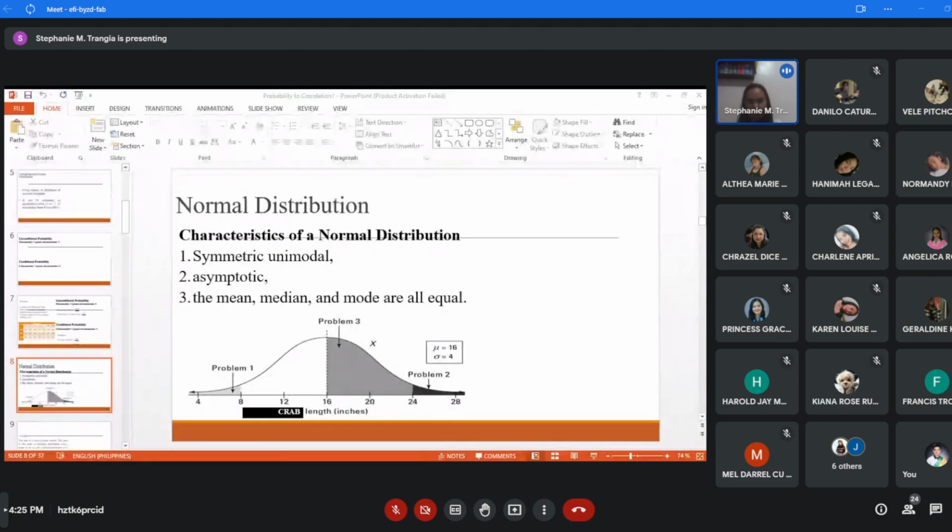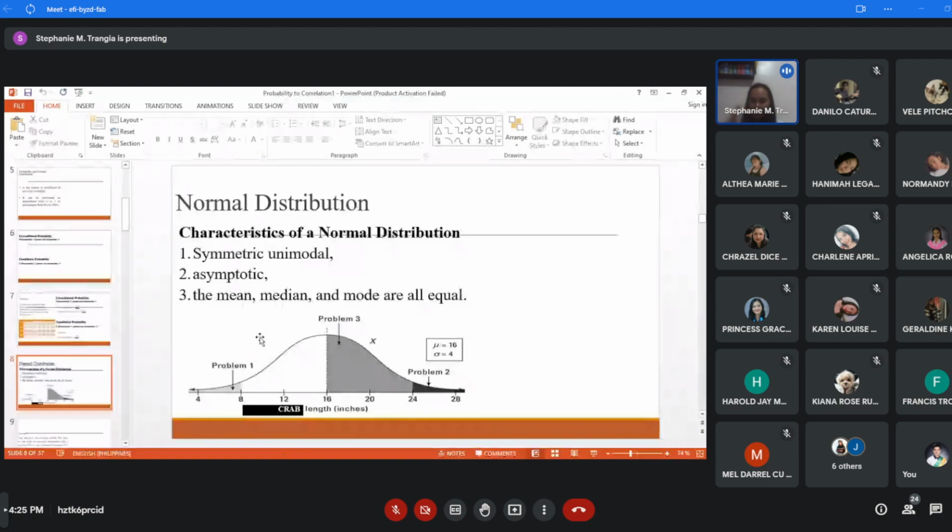So the left side and the right side ng 16 is actually symmetric. It is unimodal, meaning isa ra kabuk yang mode, and the mean, median, and mode are all equal. Asymptotic, meaning the curve and the horizontal axis extends to positive and negative infinity, but it will never touch. So that's asymptotic. So again, the total area under the curve and above the horizontal axis is equal to 1 or 100%.